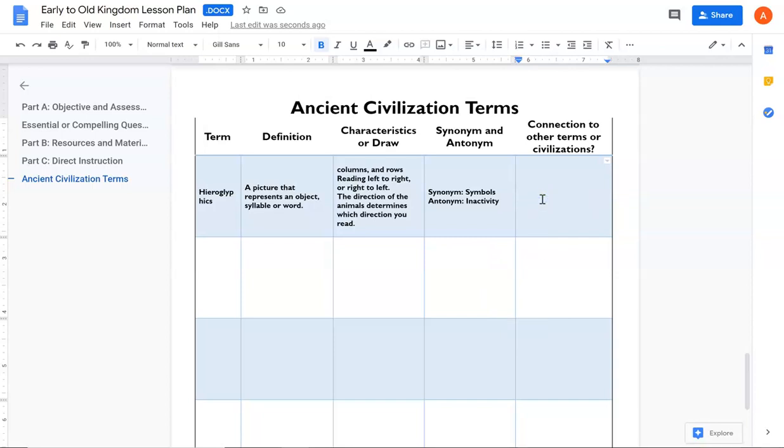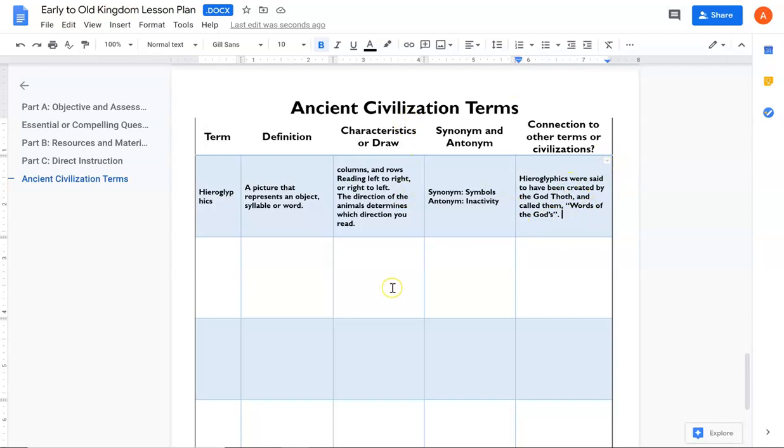So for this one, we'll put hieroglyphics were said to have been created by the god Thoth and called them words of the gods. So that will be our connection, and you'll have to pay attention as we go through the PowerPoint of what we mean by god Thoth.